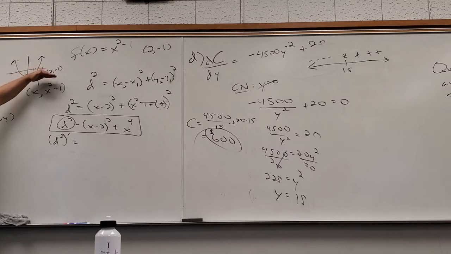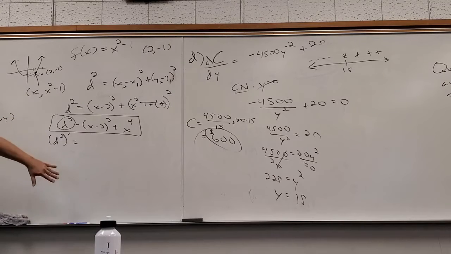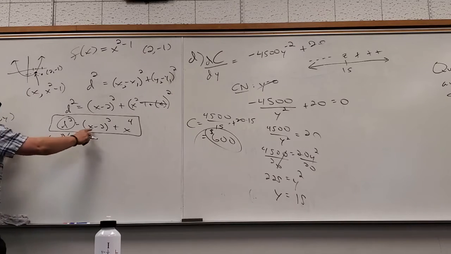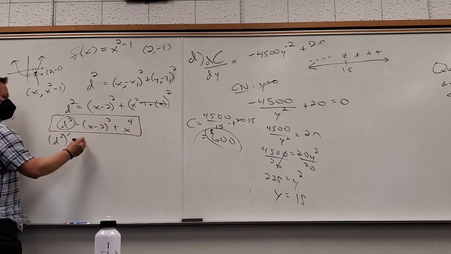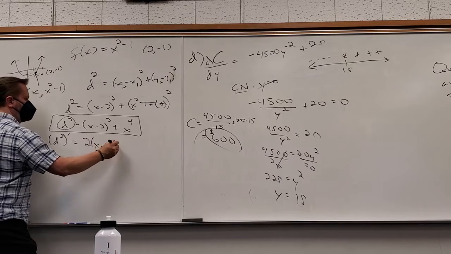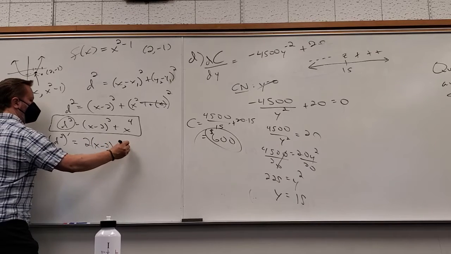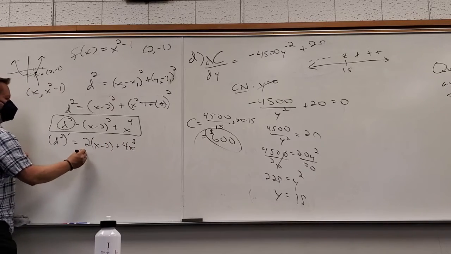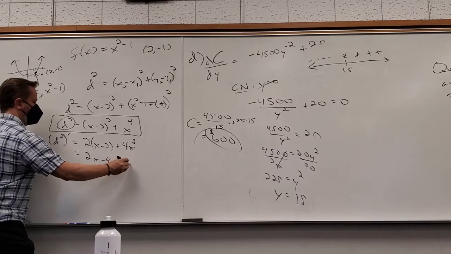So all this was the setup. This is like truly section 4.7, and now I'm at section 4.1. Take a derivative, find the critical numbers. So what's the derivative of this? 2x minus 2, I like it, plus 4x cubed. So I get 2x minus 4 plus 4x cubed.